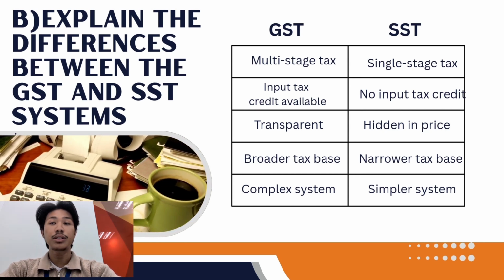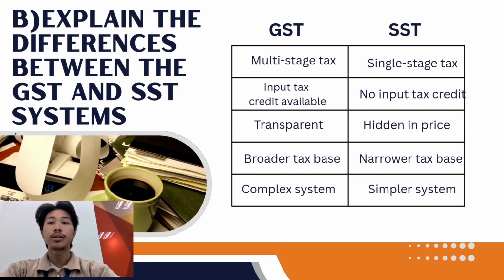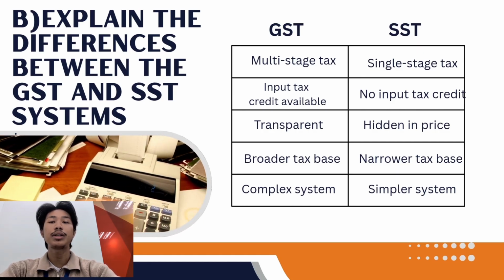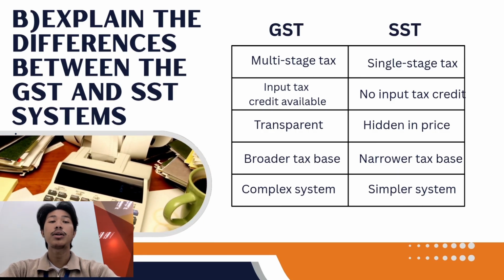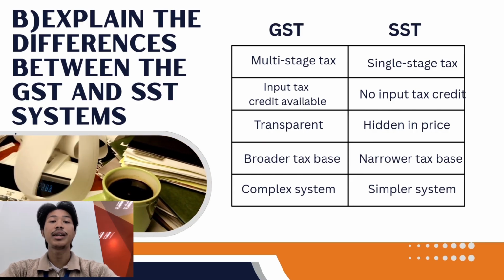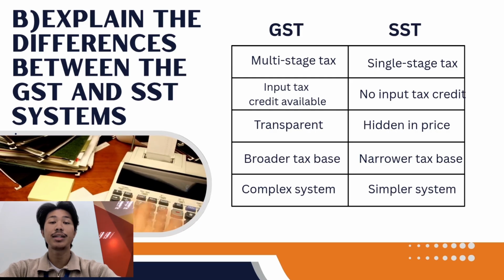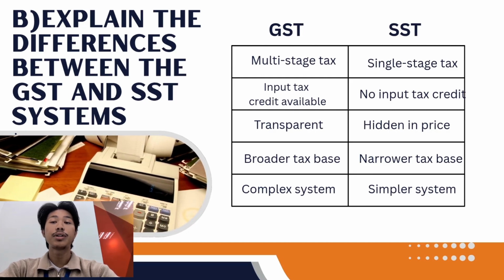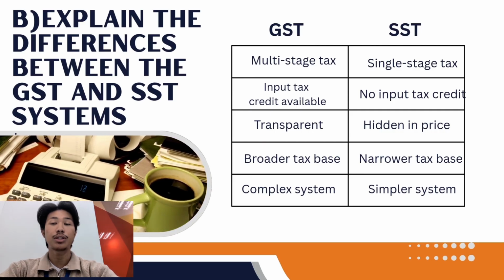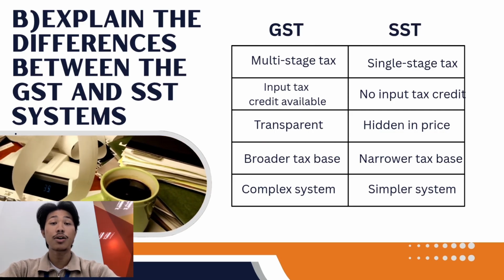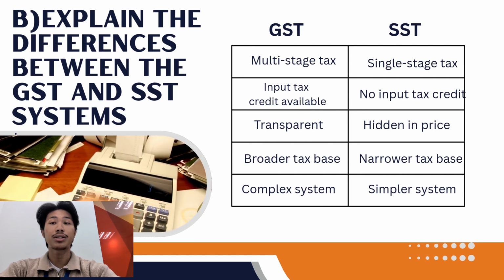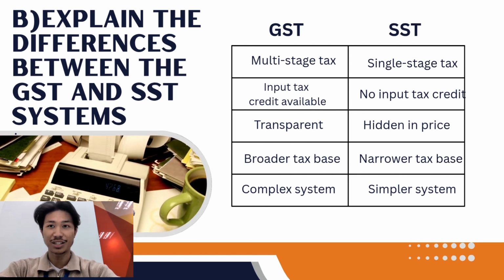One of the differences is in the treatment of input tax. GST allows a registered business to claim an input tax credit, meaning they get back the GST they have paid on various purchases used for their business, allowing the registered business to deduct this tax from their costs and not be charged tax on tax, which is a double deduction.